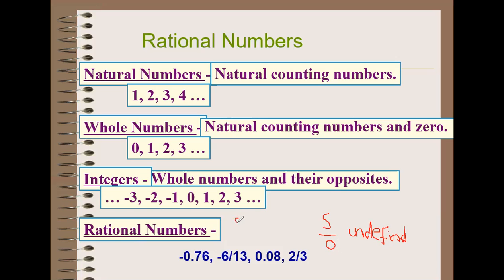So I can write it in the form a over b. a represents the numerator, b represents the denominator, and a and b should belong to the integer numbers, and b will not equal 0, because as I said, if it equals 0, it has no meaning, math error, undefined, so we will not accept.